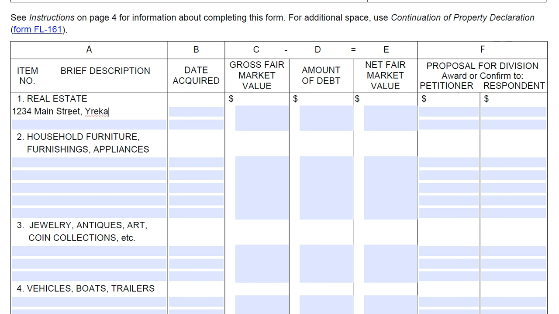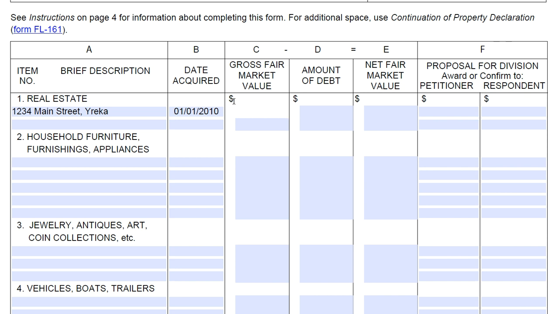Anyway, so you'll put the address, you'll put the date you acquired it. So maybe you acquired it 2010. The gross fair market value would be, for a house, the value that you could sell the house for on the market.